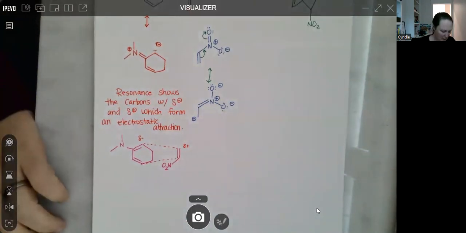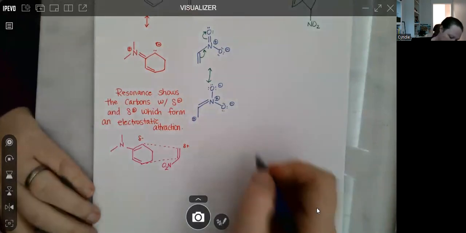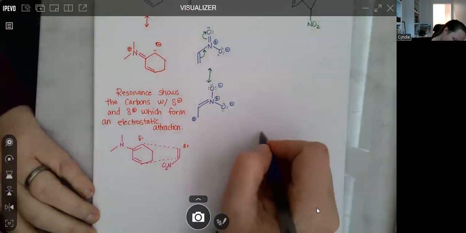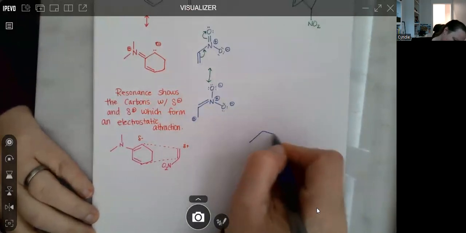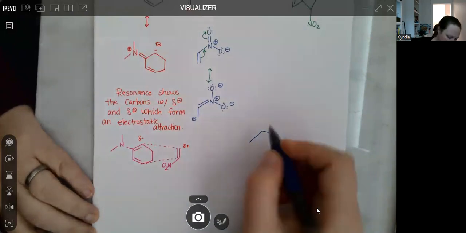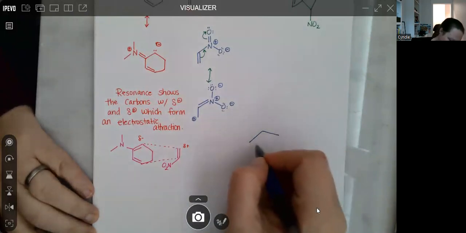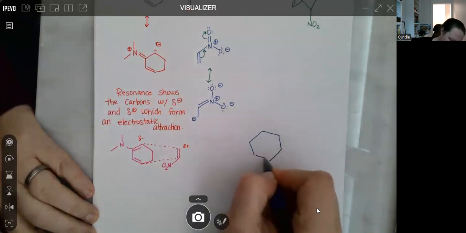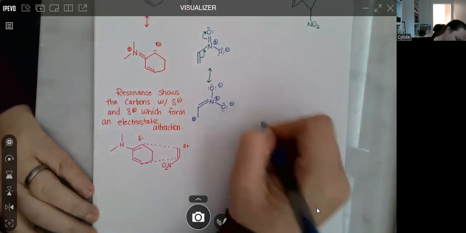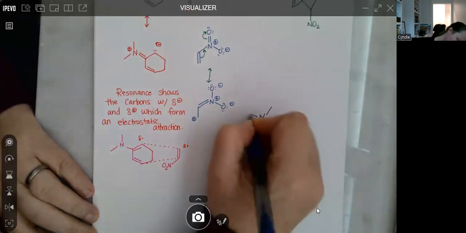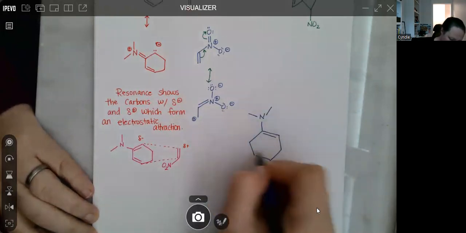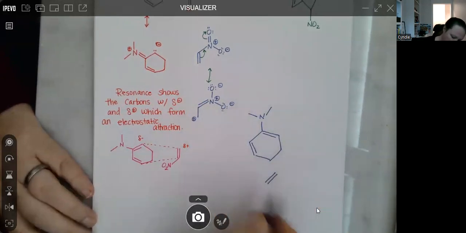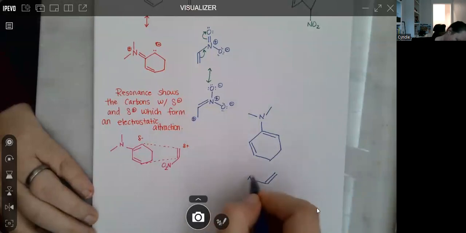Well, the endo rule we can draw, and again, it's a little bit challenging because it's a cyclic structure, right? But we can do our best here to attempt to draw this in such a way where we can see the difference. So we have these two, and then right below it, I'm going to draw the dienophile.